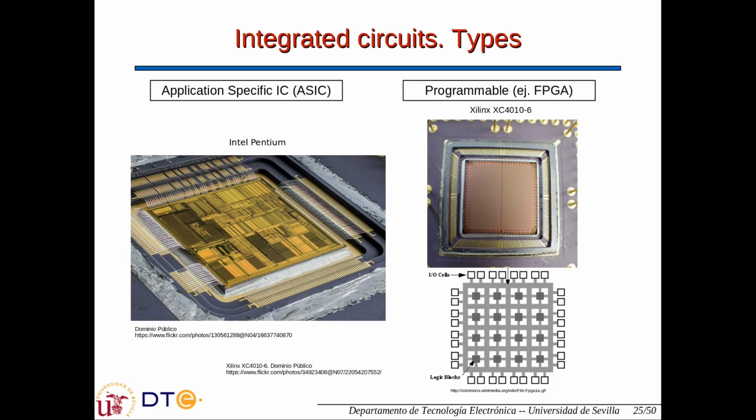But we also have programmable or configurable integrated circuits. These are more homogeneous. This is the aspect from the outside when you take out the covering. And on the inside, these configurable devices, like the FPGAs, are simply an array of configurable blocks. So every block is not a particular device.